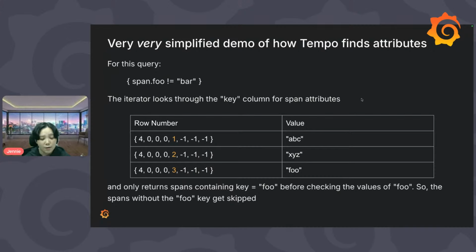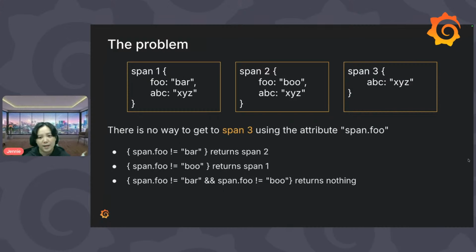So now we return the span before we even check the value of foo, because foo is just the key of the attribute. Because of this, we skip over all of the spans without foo as an attribute, and hence we can't find span number 3 from the last slide, because it does not have the foo attribute at all.